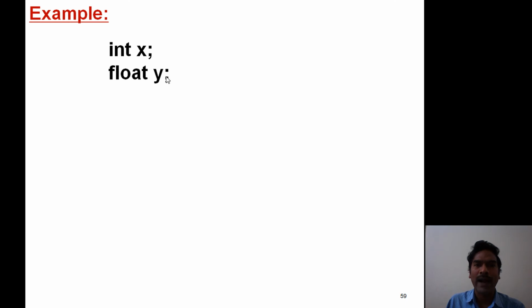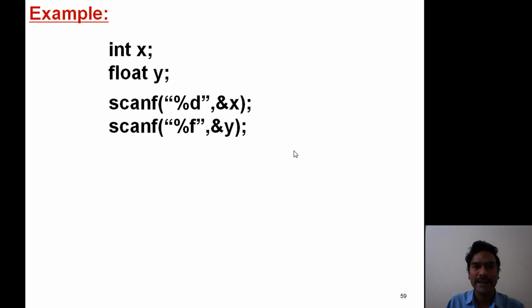Now to read these two values individually, we place the statements as: scanf, left parenthesis, the control string within double quotation marks, %d, double quotes ended, comma, ampersand x. Then another scanf statement: scanf, within double quotes %f, comma, ampersand y.